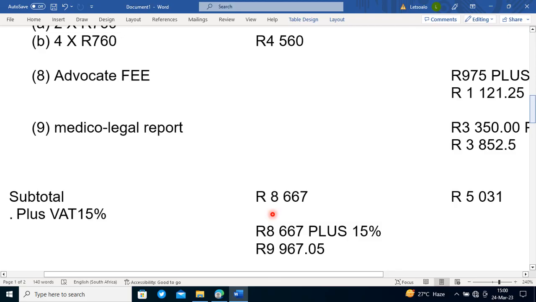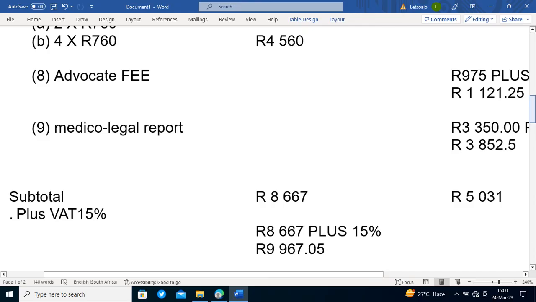We have included VAT on those expenses, so we have to include VAT on the fees. So we just take this 8,667, as you can see here, plus 15%, and then it's going to give us 9,967 rand 5 cents. It's not 50 because that 0 is before 5 cents.